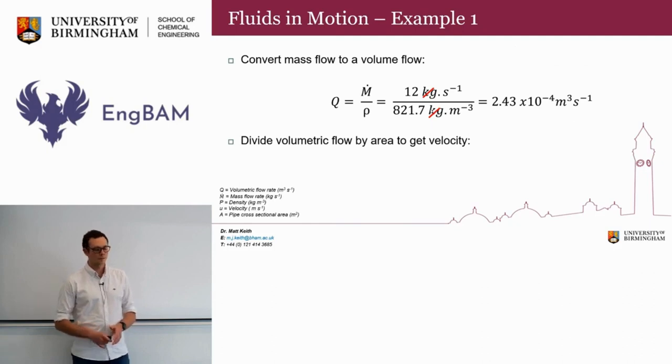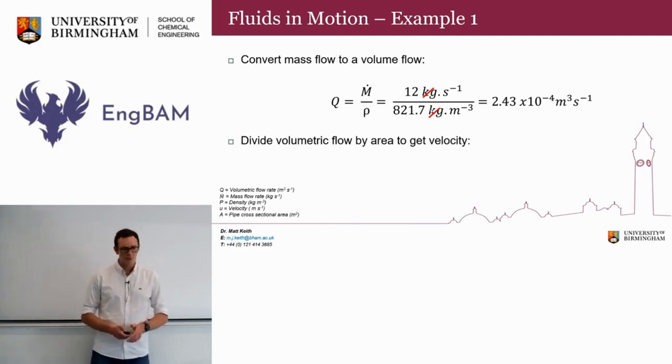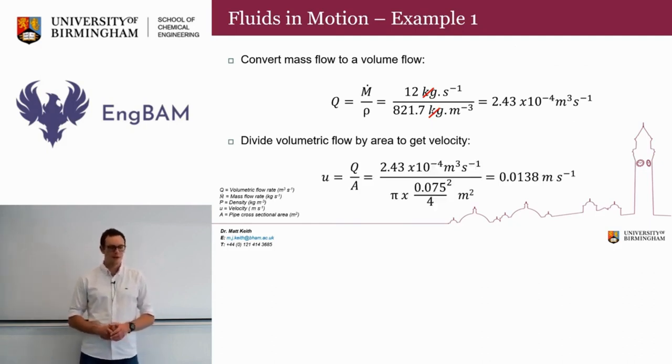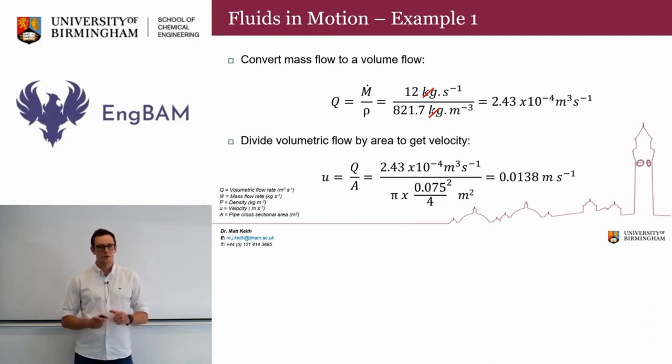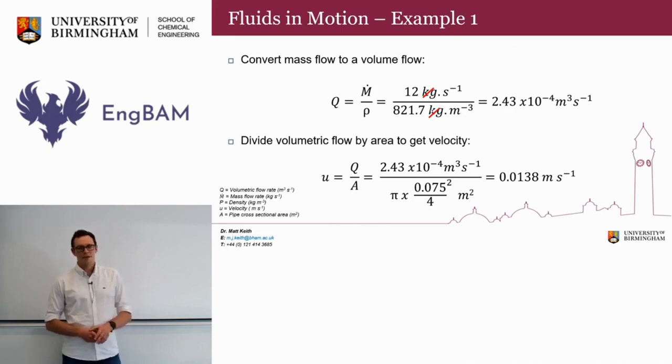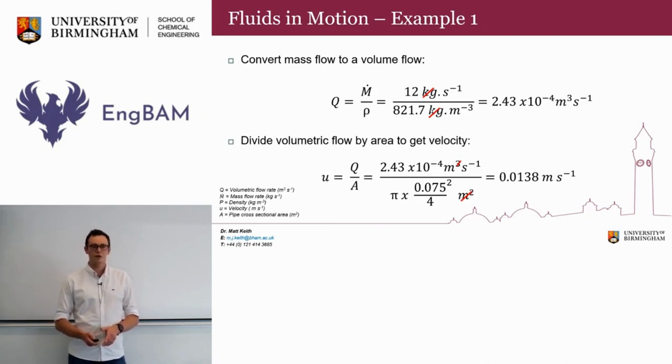Then because we know our pipe is cylindrical, all we have to do is find the area of the pipe from using the equation for an area of a circle, which is pi r squared, or as I've written it here, it's pi diameter squared divided by 4. So that means we can calculate our fluid velocity as 0.0138 meters per second. And again, just showing those units there, we cancel meters cubed with meters squared to get meters per second.